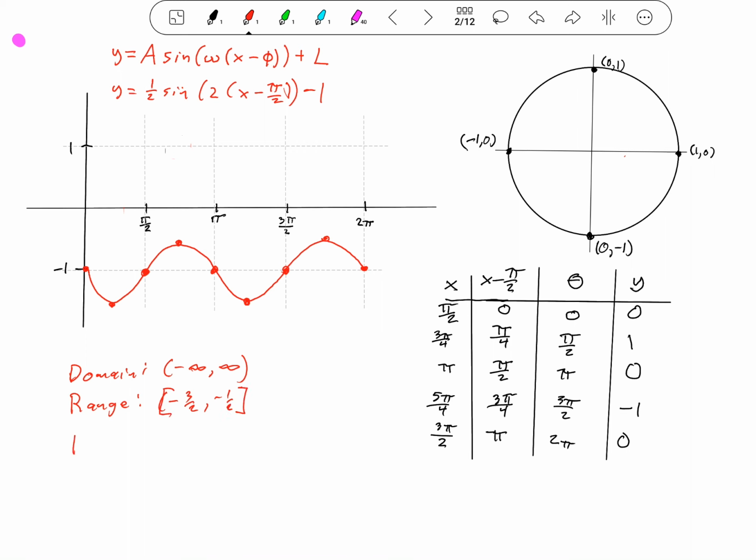My period, well, it only takes from pi over 2 to 3 pi over 2 to graph one full period, so my period is pi. And my zeros, well, I don't have any zeros because I've moved everything down, so there are no zeros. And that is the graph of y equals 1/2 sine of 2 times x minus pi over 2, minus 1.